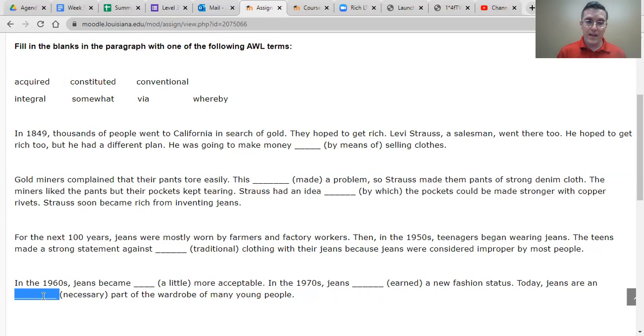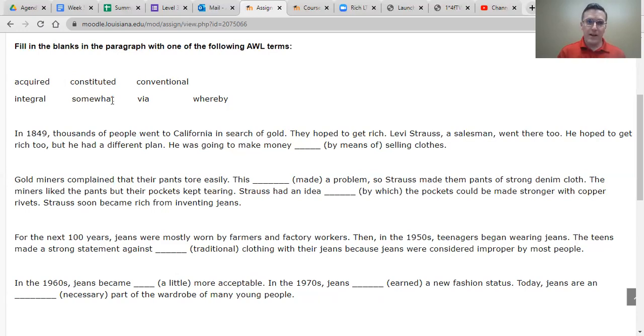And then the last sentence, today jeans are a blank necessary part of the wardrobe of many people. Okay? We have the word necessary. If you are familiar with the word necessary, it's an adjective. So we're going to be looking for an adjective that means the same thing as necessary.